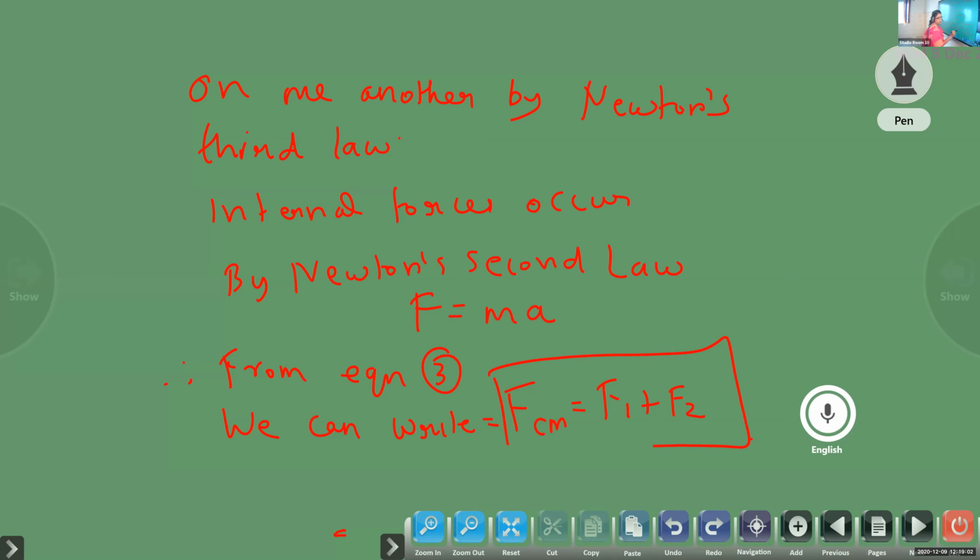Similarly, for n particles, the total force F_CM is F1 plus F2 plus F3 and so on, plus Fn.